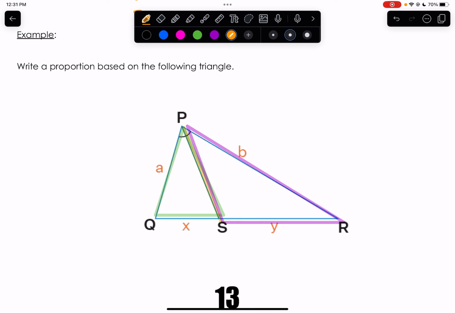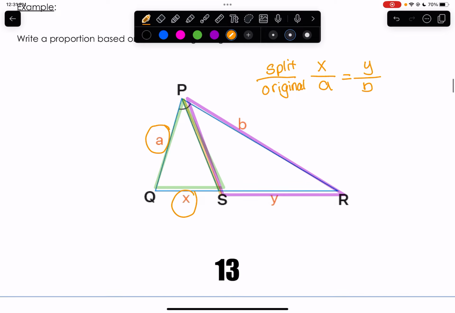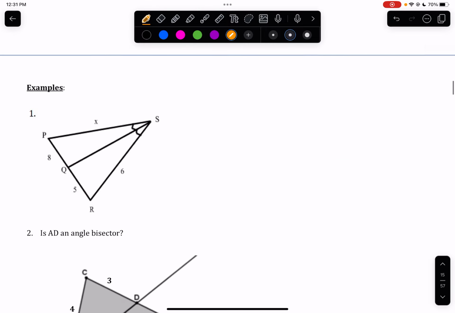So because of that, I know that X and A, their ratio, will now be the same as Y over B, right? So you put the split side over the original, just like how we were doing new over original for scale factor, somewhat similar. So you're putting the sides that are split over the original sides of those triangles.